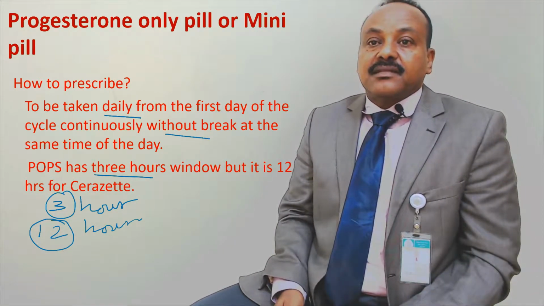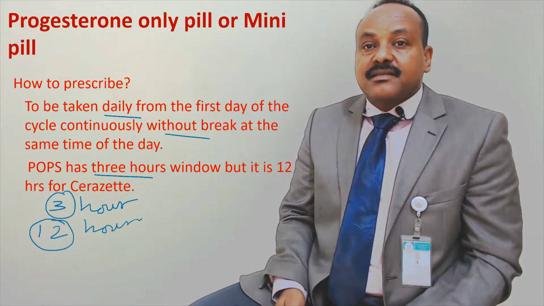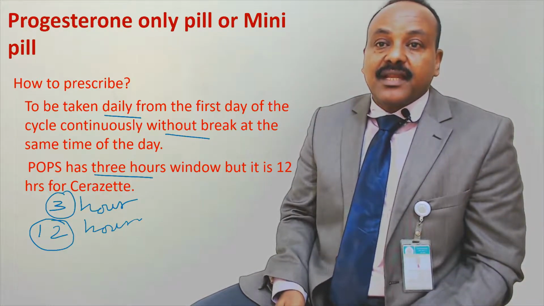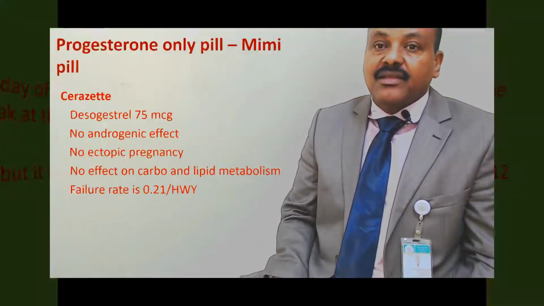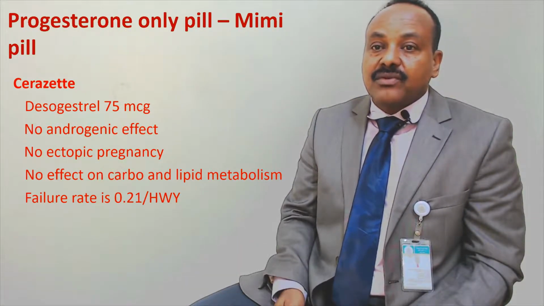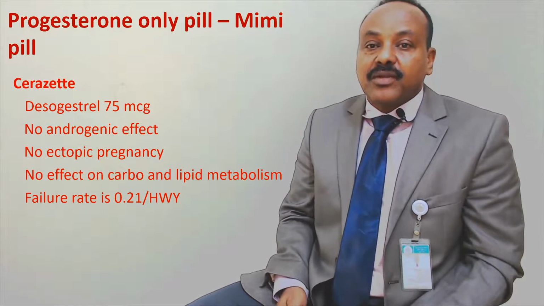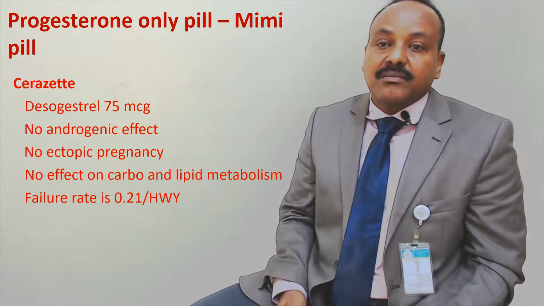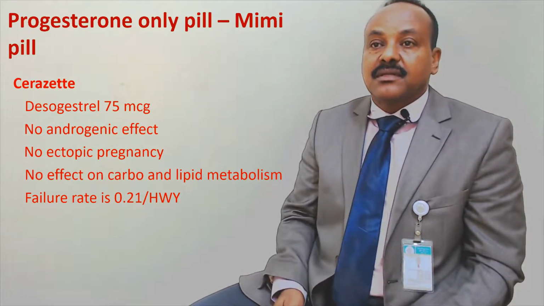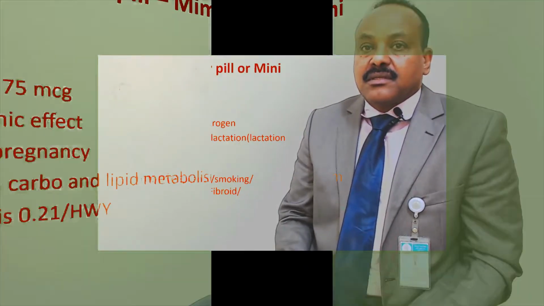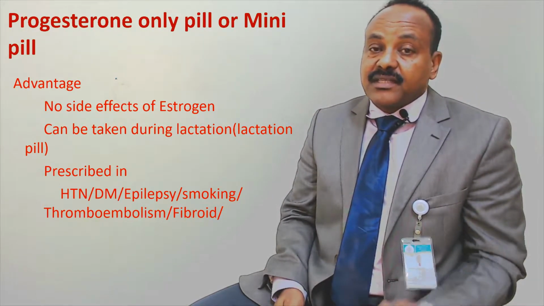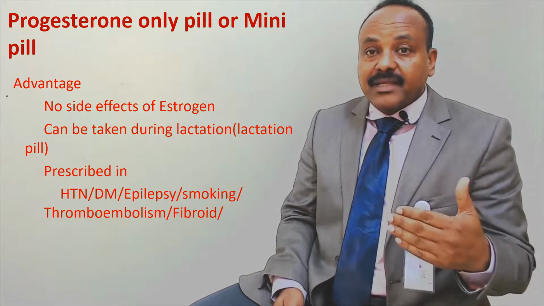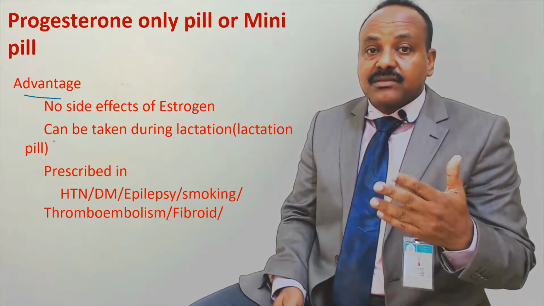These are the features of Cerazette, desogestrel 75 microgram: no androgenic effect, no ectopic pregnancy, no effect on carbohydrate and lipid metabolism, and failure rate is 0.21. Advantages: no side effect of estrogen. Advantages over the combined: combined, we saw before, is estrogen and progesterone.